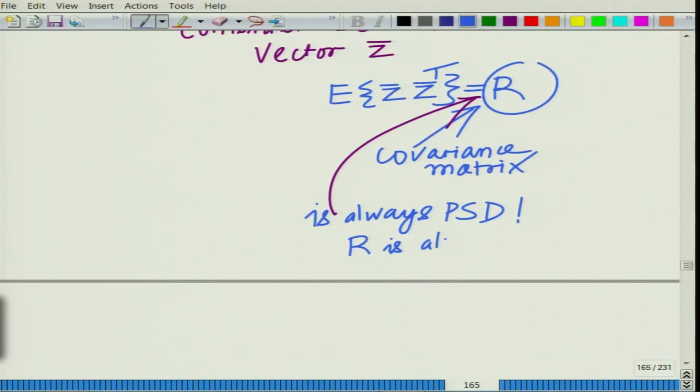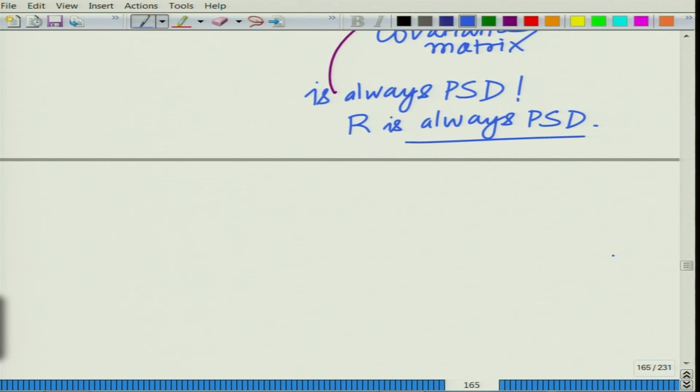Any covariance matrix is always PSD. Why is that? Let us take any vector x bar and perform x bar transpose R x bar.